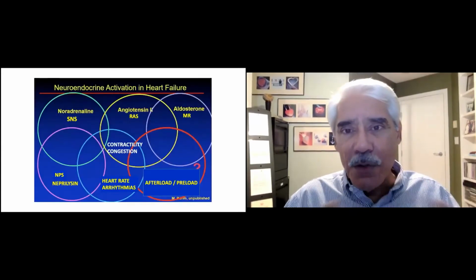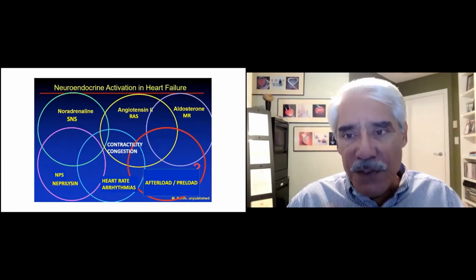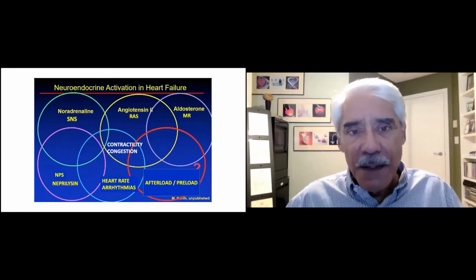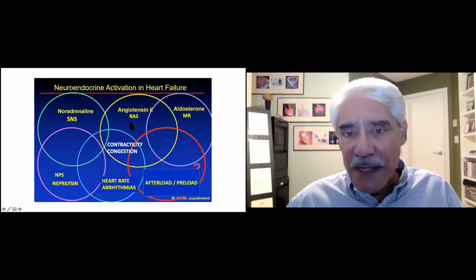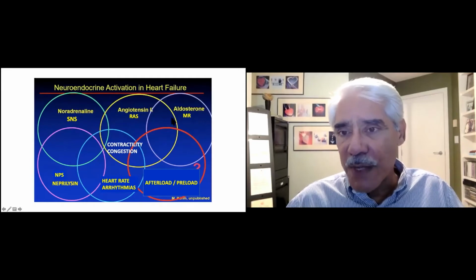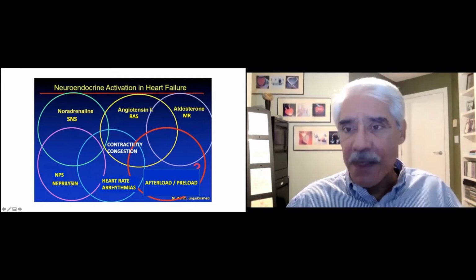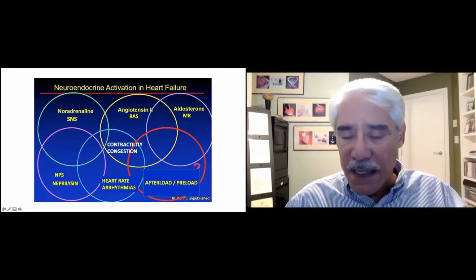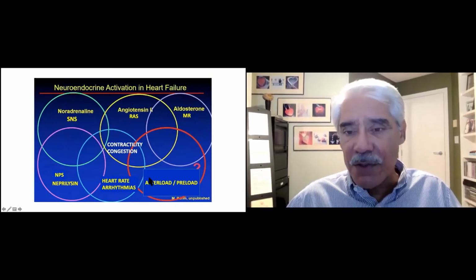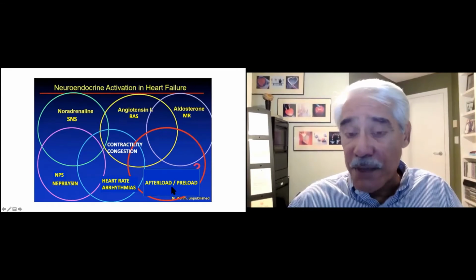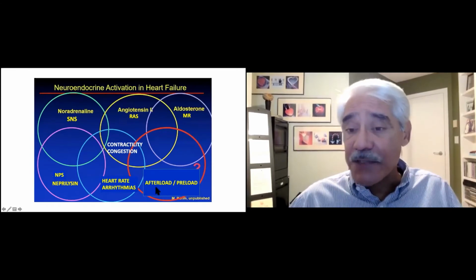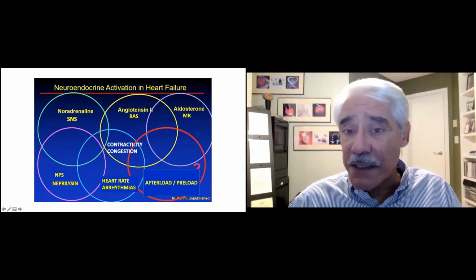So when we look at the pathophysiology in heart failure, we have the activation of the sympathetic nervous system, we have the activation of the RAS system, and the release of aldosterone. So we have excess aldosterone, the mineralocorticoid receptors are activated with the aldosterone. The hemodynamic consequence is an increase in afterload and preload, leading to poor exercise tolerance and congestion and edema.